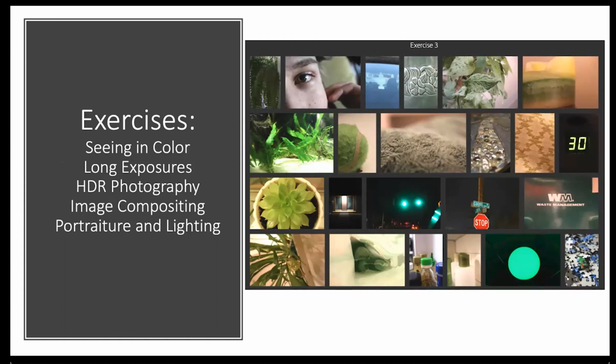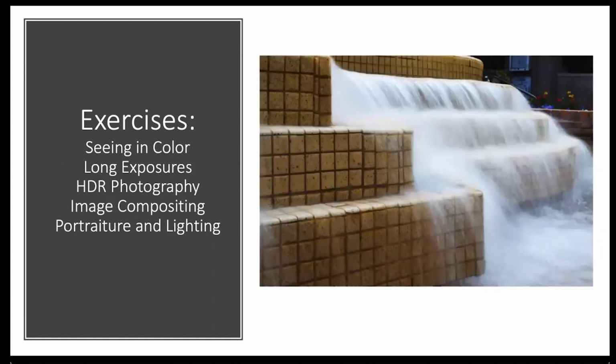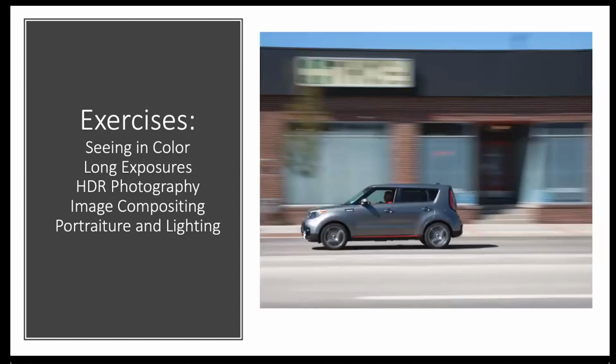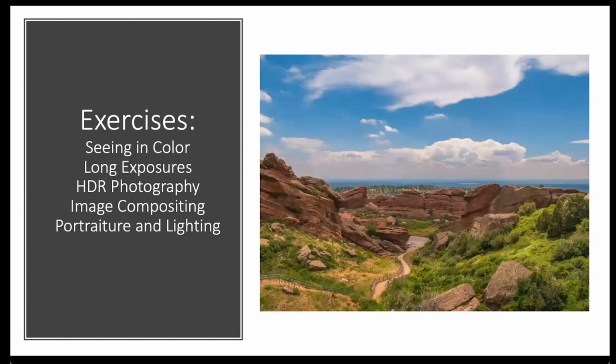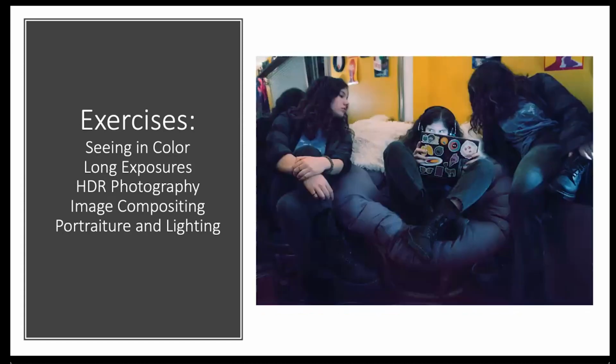Seeing in color is one where students would go out for maybe a day and a night and photograph one color where they could find it, different lighting, different instances of their color, long exposures. So these would be shorter exercises focused on a particular, usually mostly technical idea, but you can still get creative with the work you make.